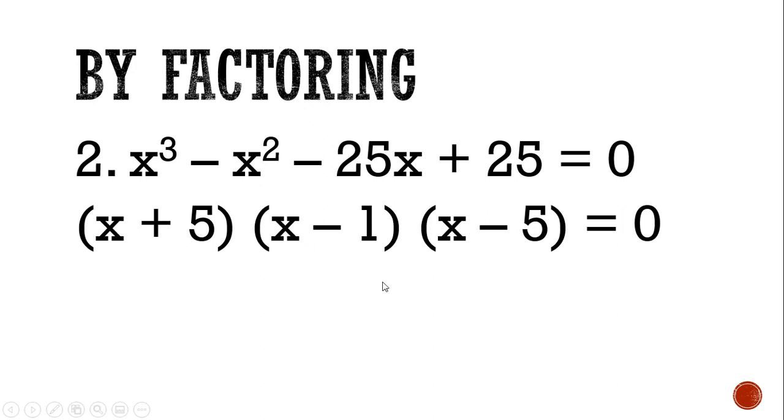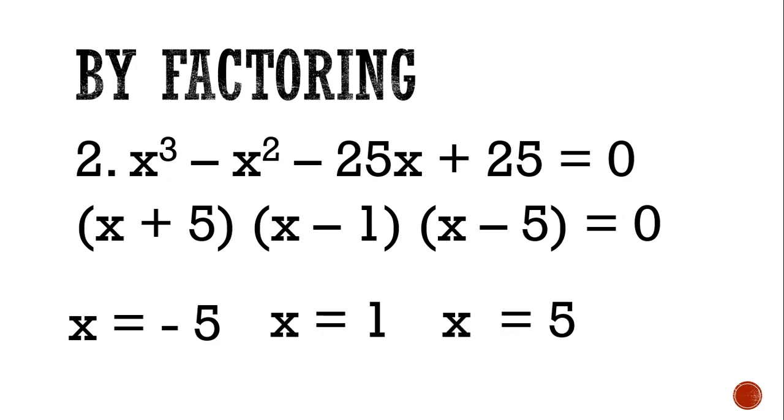And thirdly, the factor x minus 5 will be 0 when x is equal to 5, because 5 minus 5 will become 0. Therefore, we have the roots as negative 5, 1, and positive 5.